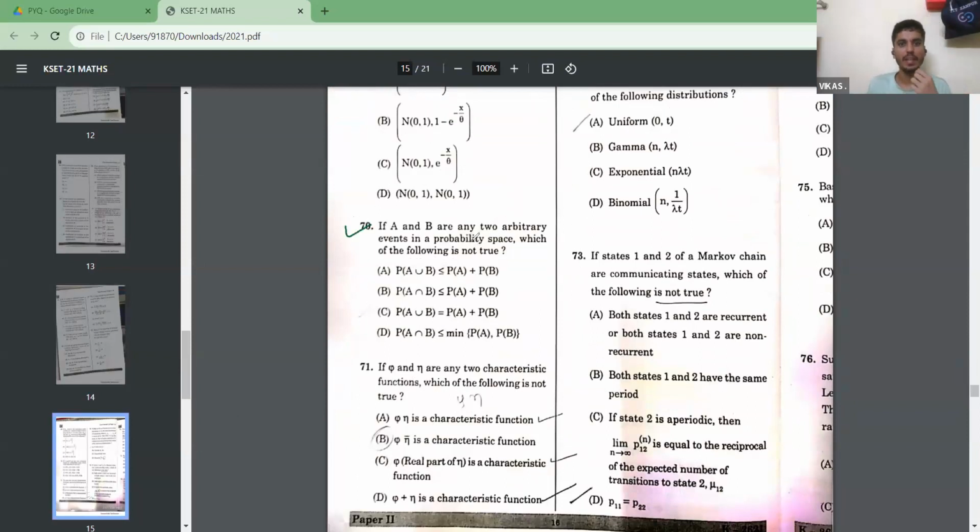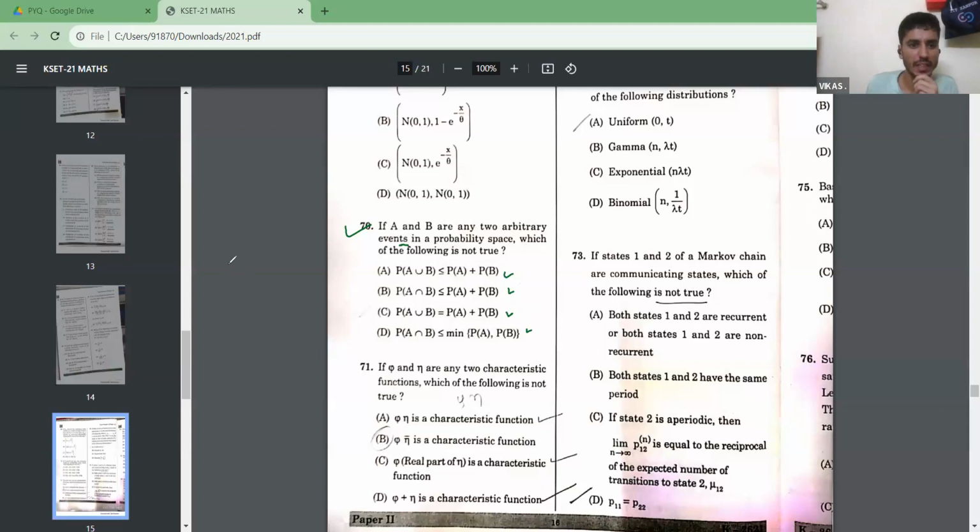If A and B are any two arbitrary events in a probability space, which of the following is not true? First of all, we have to understand the question: A and B are any two arbitrary events. I feel we have discussed events in a probability space very much, and the condition is given.